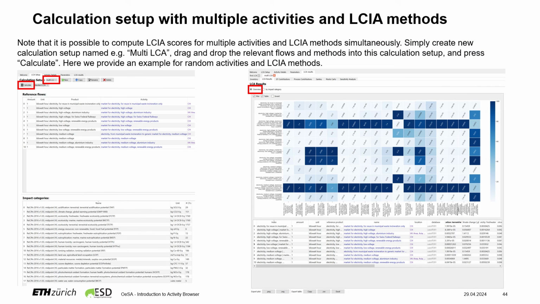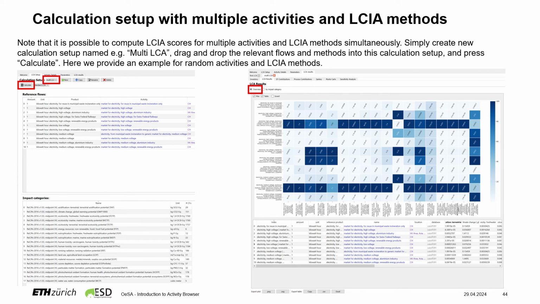Maybe one more thing that I wanted to show is, in case you want to have multiple impact categories and multiple reference flows in your setup, then you can simply drag and drop all of the impact categories here. And you can also have multiple activities in here. And then you can calculate your impact scores for many things at once.